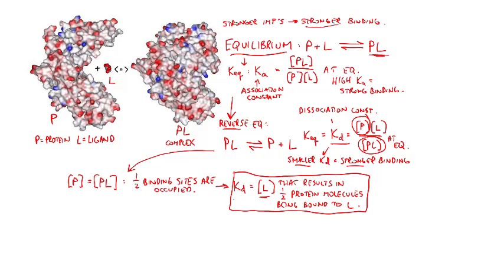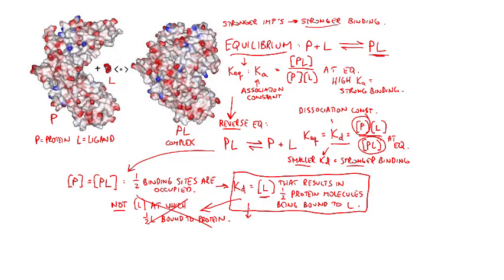Now, I want to point out a common misconception. This is not the same thing as the concentration of ligand at which half of the ligand is bound to protein. That is not what Kd is.